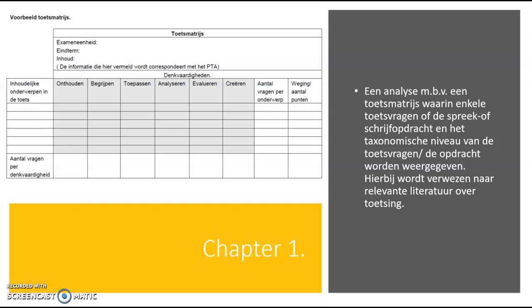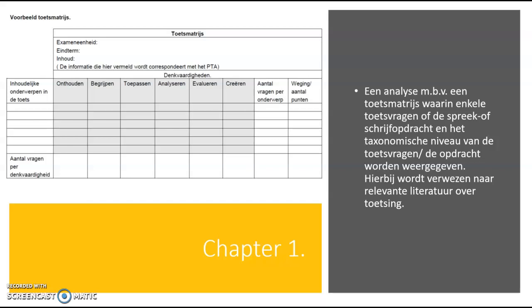And here you're going to have an overview of at what particular level you think certain questions or assignments are. And with the help of this particular test matrix, you're going to discuss how balanced you think this particular test is when it comes to the used taxonomy. And you have to refer to relevant theory, obviously.